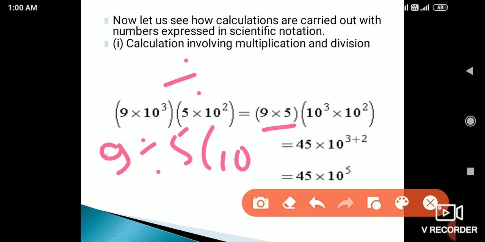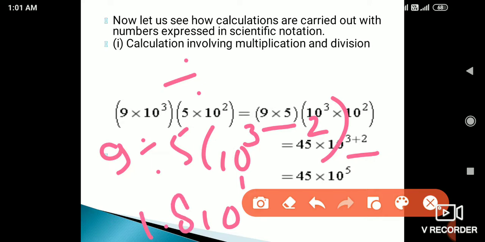And the exponents, which were added in multiplication, will be subtracted here, that is 3 minus 2. So you divide 9 by 5 and the power becomes 3 minus 2, that is 1. So the answer will become 1.8 into 10 to the power 1. That is how you can do multiplication and division with a little bit of change.